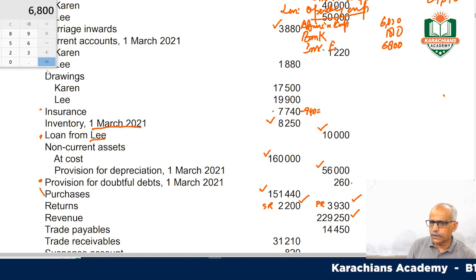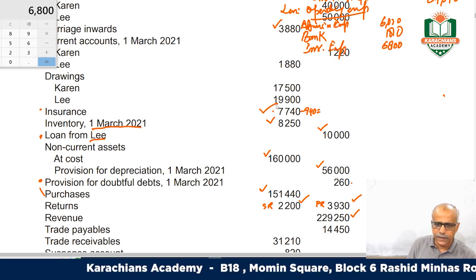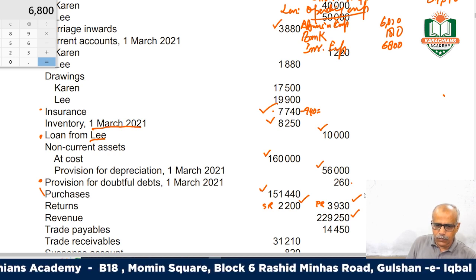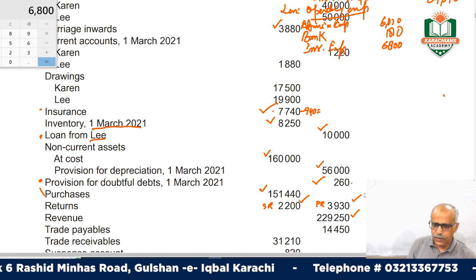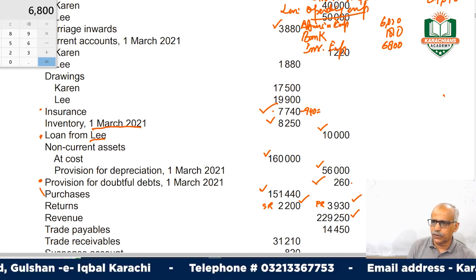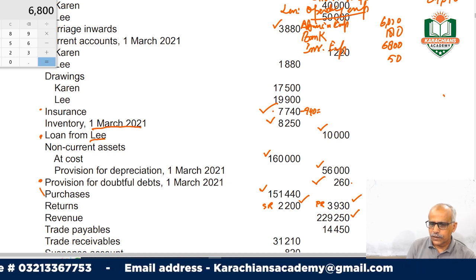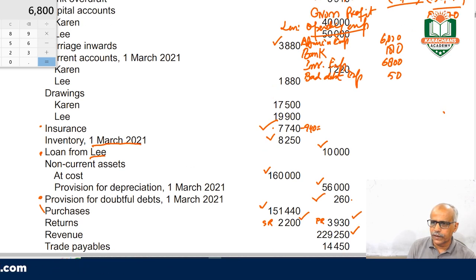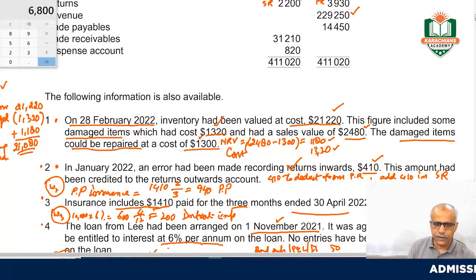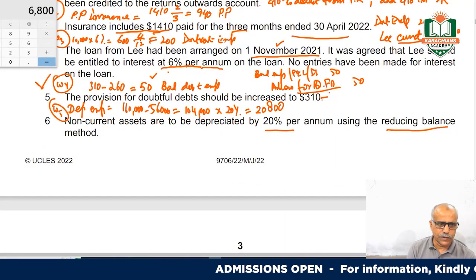We are done with this. Provision for doubtful debt, we have to take, and it was 50. We have already worked this out. Bad debt expense in the note below, we have already worked this out.